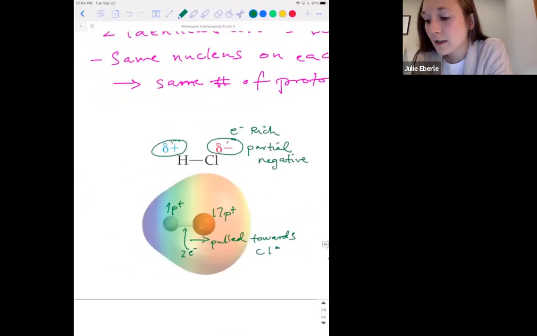The hydrogen is electron poor. All right, or if you're from Louisiana, you say electron po. And so we say this is partial positive.